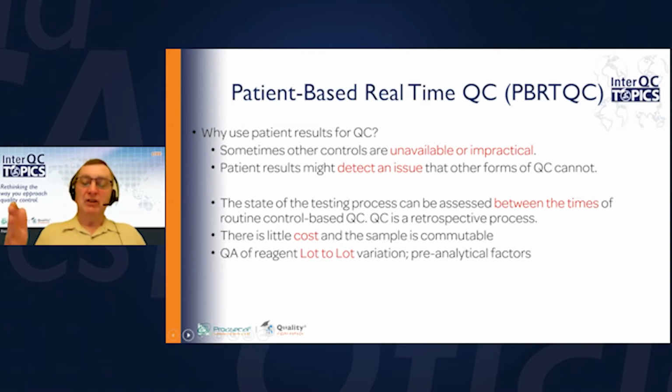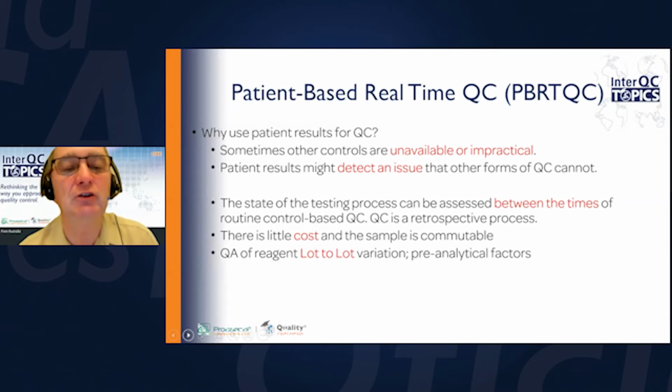So one of the values of patient-based real-time QC is you get a lot more points where you can look at the quality of the assay. There are a lot more opportunities to detect an out of control situation because you're taking a lot more measurements that are used in your QC.